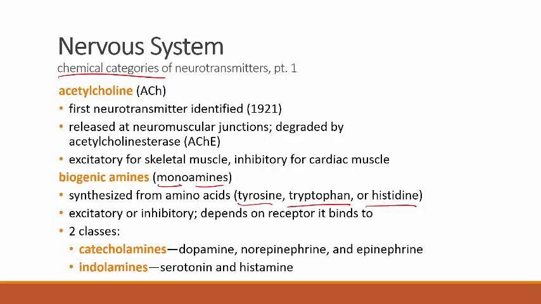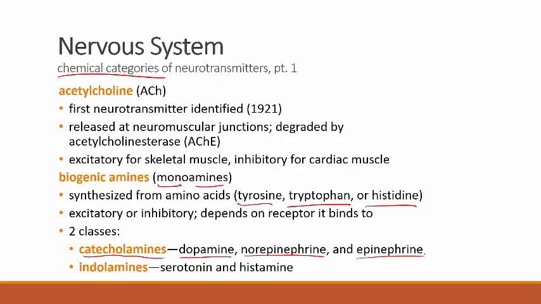But we can cluster biogenic amines into two different classes. There are the catecholamines, and these include dopamine, norepinephrine, and epinephrine. We haven't talked much about epinephrine and norepinephrine, but these are hormones that also can act as neurotransmitters.